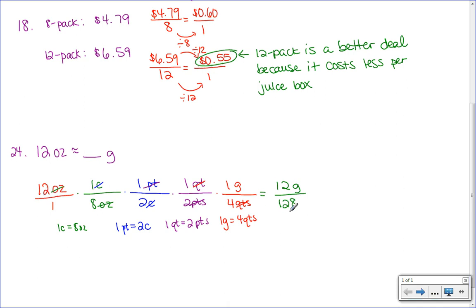Well, this number right here, we actually want as a decimal. We want a whole number that represents the number of gallons, not 12 gallons divided by 128. So let's go ahead and divide these. And 12 divided by 128, rounded to the nearest hundredth, is approximately 0.09 gallons.